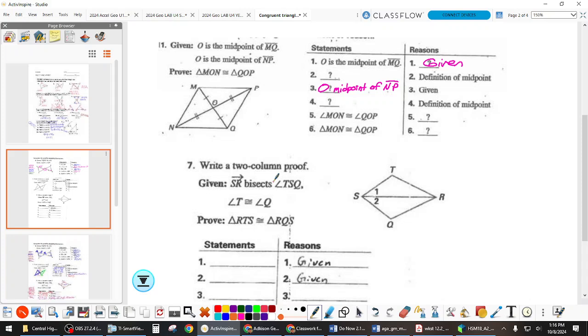Now, do you see these tick marks in the picture? They are not stated in the proof. You see that? Why are they in here? They're not given, but suddenly they're just appearing in the picture.